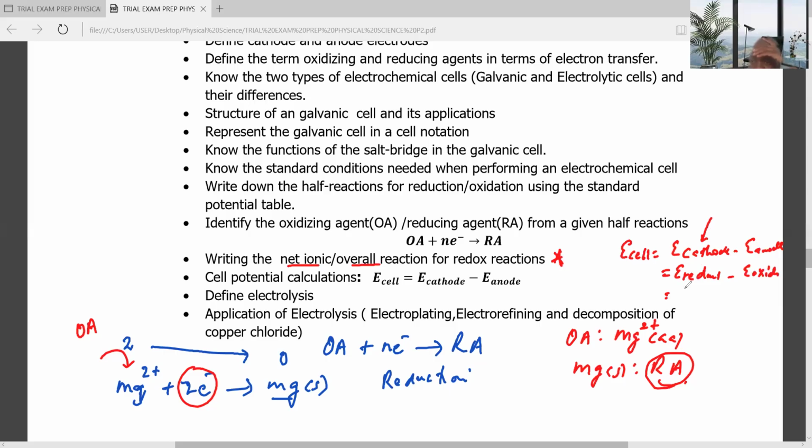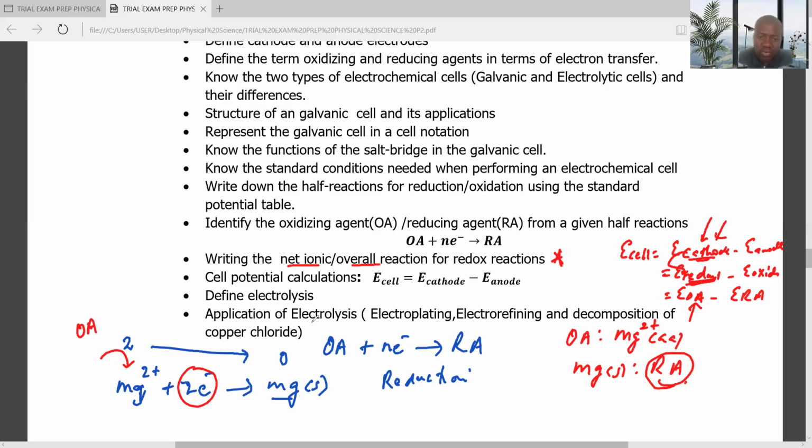This is another guideline: the cathode is an electrode where reduction takes place. And reduction is the gain of electrons, which means a substance that gains electrons is the oxidizing agent. It's very important, guys. You need to know that.